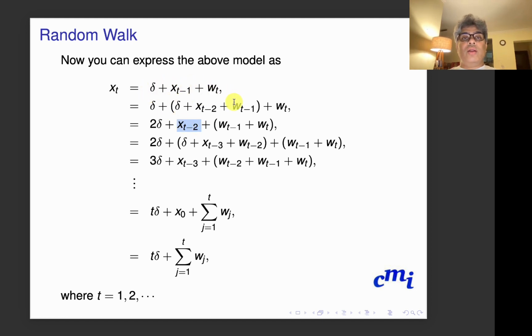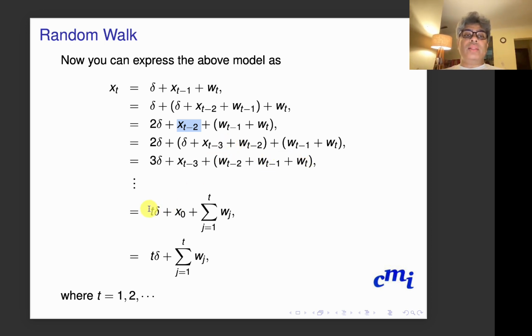You use this recursion to write x_{t-2} as delta + x_{t-3} + w_{t-2}. Then if you remove the bracket, you get 3 delta + x_{t-3} + w_{t-2} + w_{t-1} + w_t.